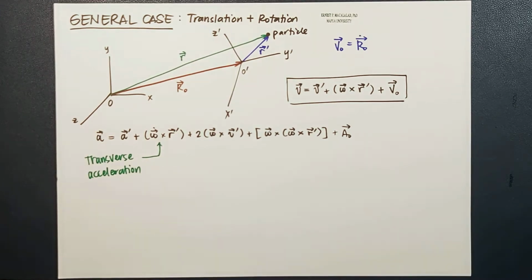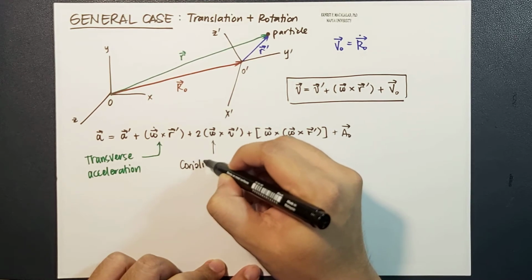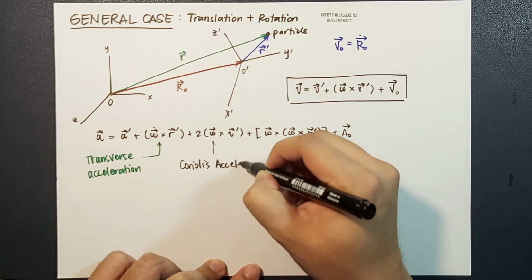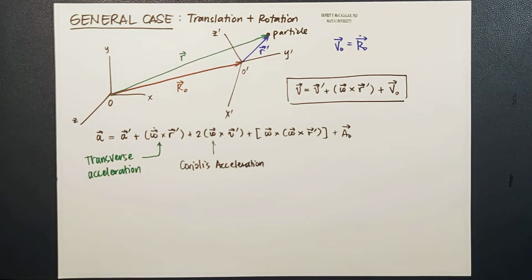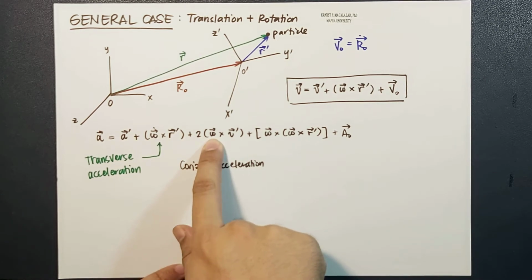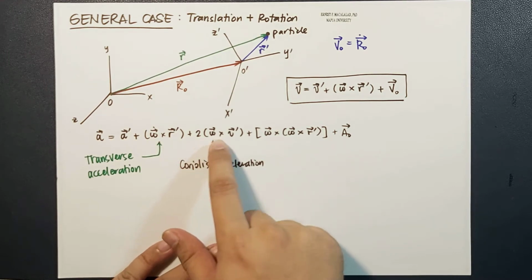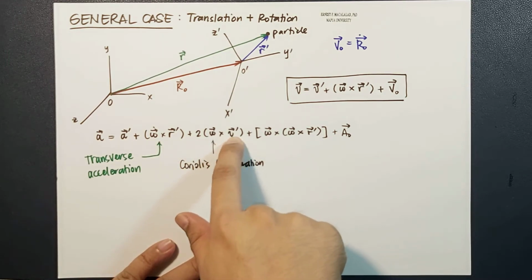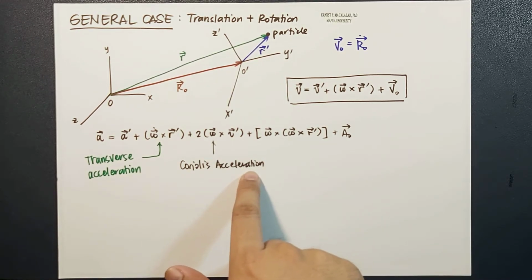This term, on the other hand, is what we call the Coriolis acceleration. The Coriolis acceleration appears whenever a particle moves in a rotating coordinate system. So if the moving frame is rotating, given by omega, and the particle is also moving with respect to that frame, Coriolis acceleration is observable.